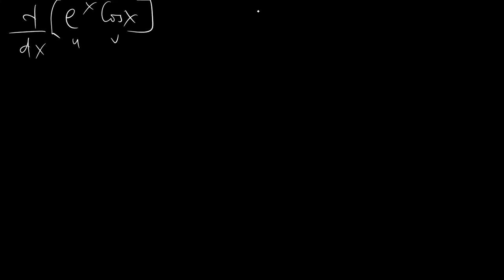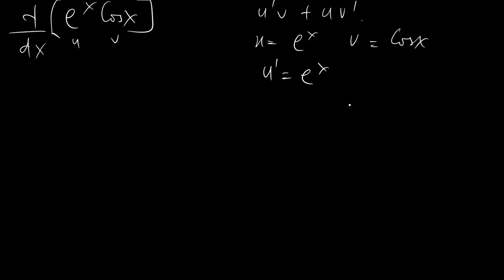Now using the formula for the derivative of u times v, the product rule, which is u'v plus uv'. Since our u is e^x and v is cos x, u' is e^x, v' is minus sin x.